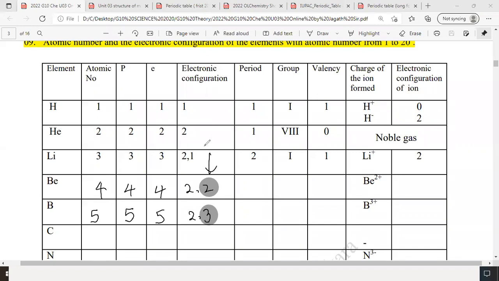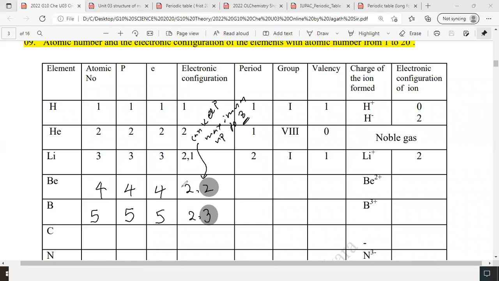If you can, mark it with a pencil: it can accommodate a maximum of 8 electrons. Without completing that, electrons will not jump to the third level.